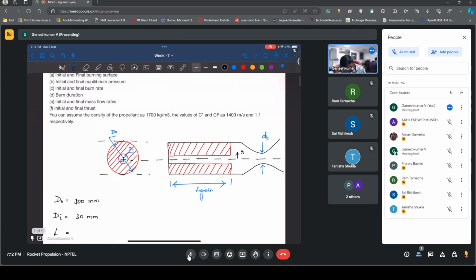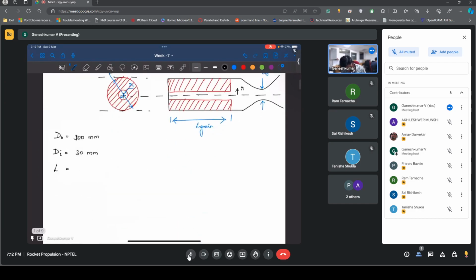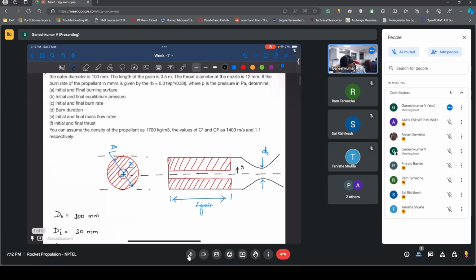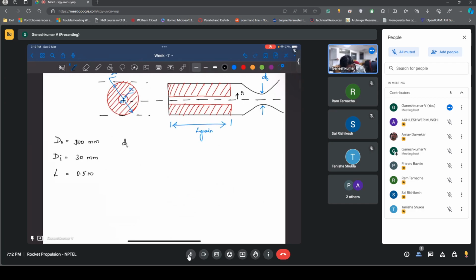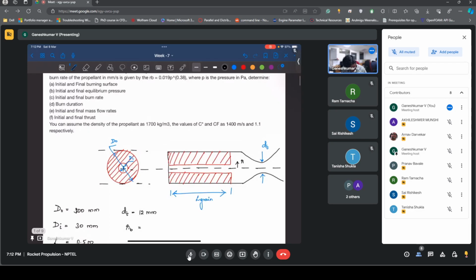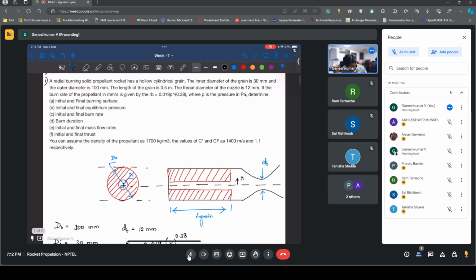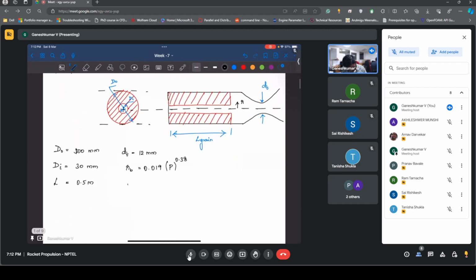Initial should be easy. Finding the burning surface area is very important for solving this kind of problem. I would urge you to understand it better. If you have any questions, you can ask me.